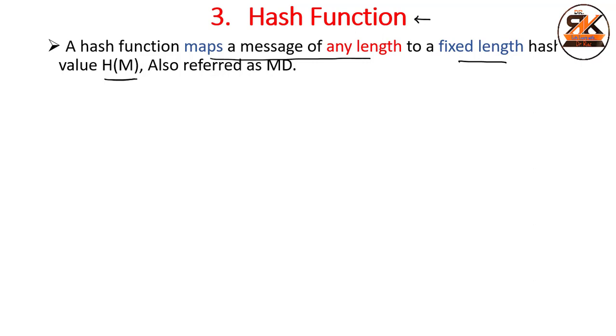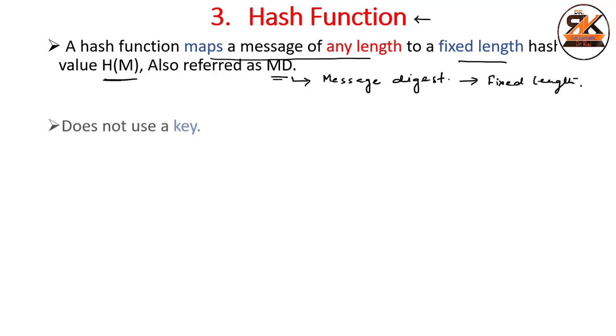This hash value is also referred to as MD, that is, the message digest. This message digest is calculated from the message itself, and the message can be of any length, but the message digest is going to be of fixed length.